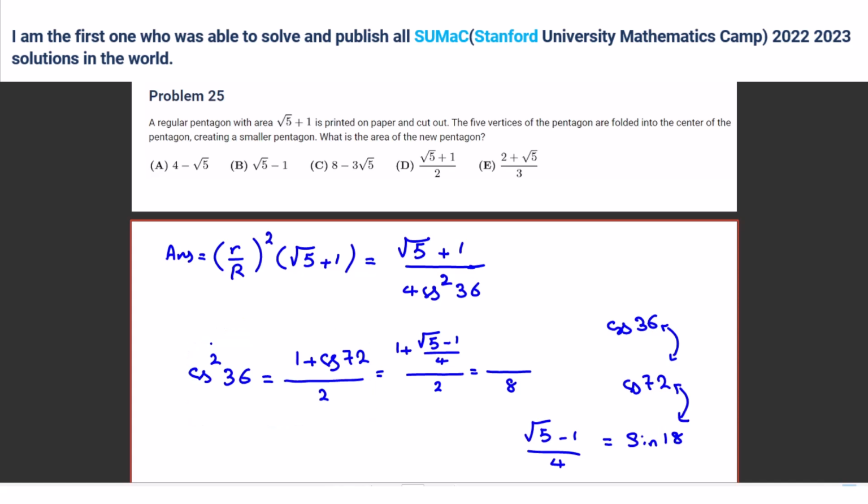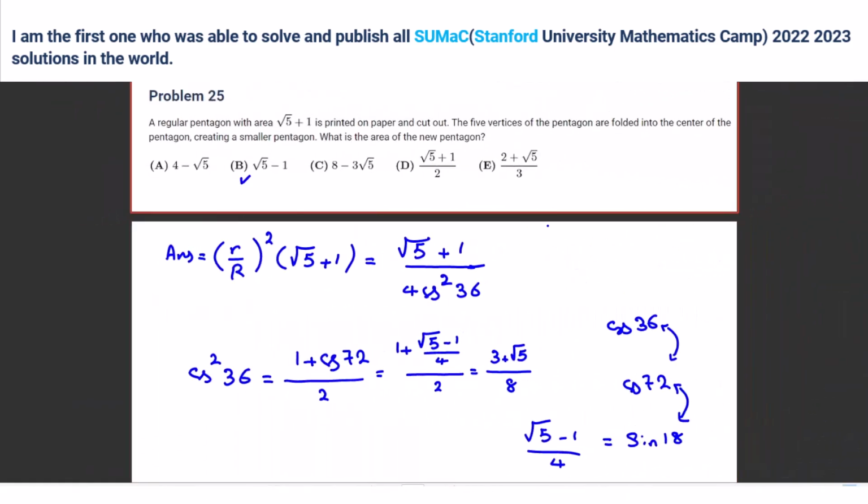Okay, so the numerator is 3 plus square root of 5. So it is 4 minus 1, 3 plus root 5. Wait, I can do the calculation again. Okay, I got B. You got B?